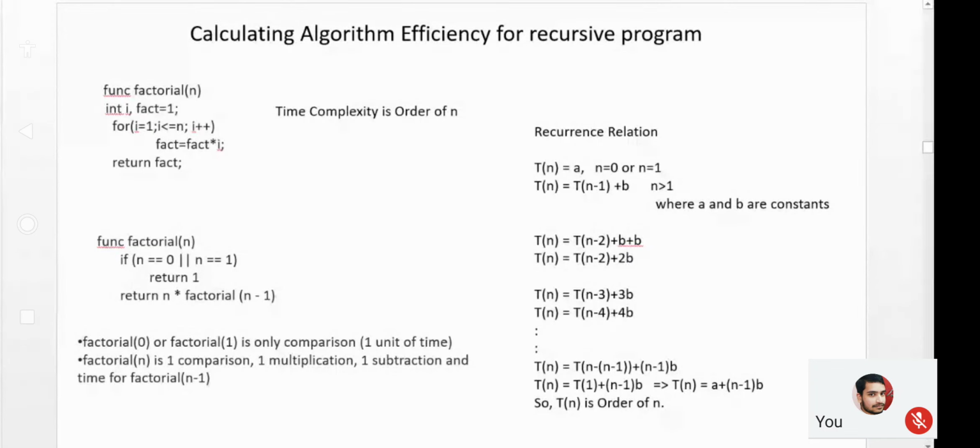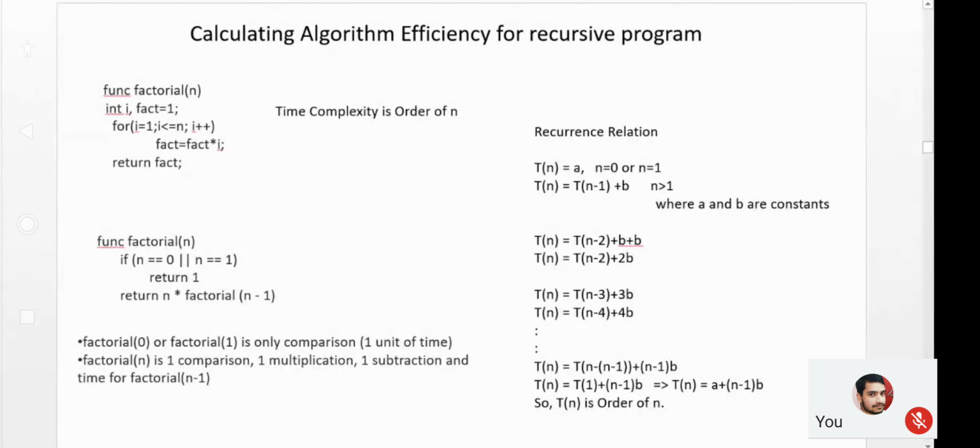That's why I have written T of n minus 2 plus 2b. Here this calls n minus 3 plus some b. That's why this is n minus 3 plus 3b, and then it will be n minus 4 plus 4b. That means the size of the input is decreasing in nature. Initially it was n, after that n minus 1, n minus 2, n minus 3, n minus 4, down to 1.